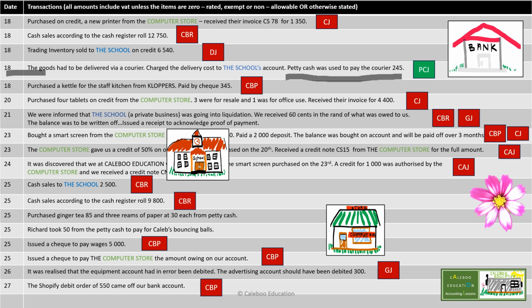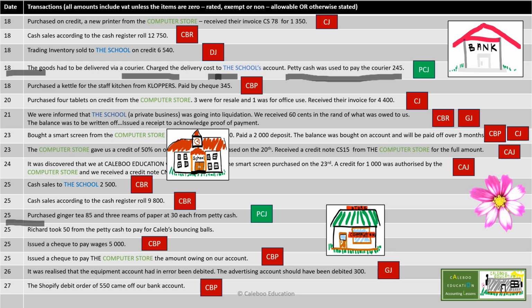So what we did at Calibre Education, we delivered some stock to the school, a customer of ours, and we charged the courier cost. We paid for it and we charged it to the account of the school. So that needs to be recorded into the petty cash journal, because petty cash was used to pay for the courier.